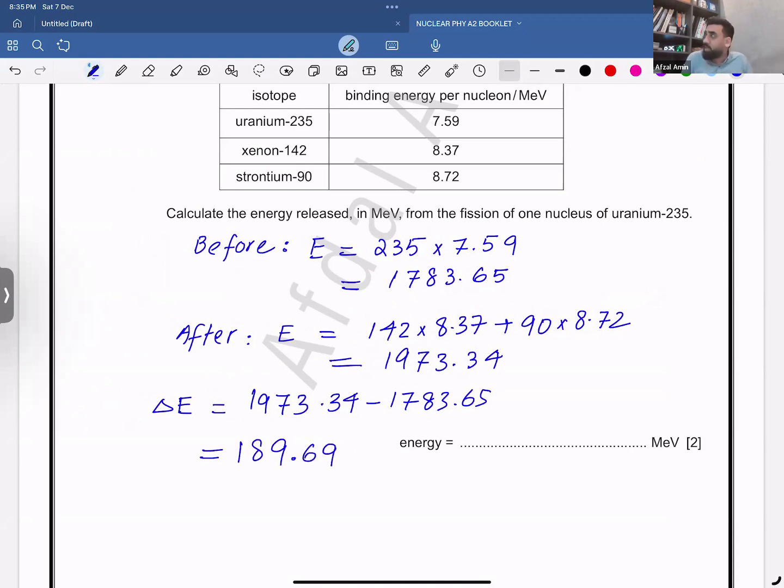Now, certainly, I need to round it to 2 or 3 significant figures, it's the same answer, 190. Whether you write 2 significant or 3, it has to be 190. There is no other option. Make sense?